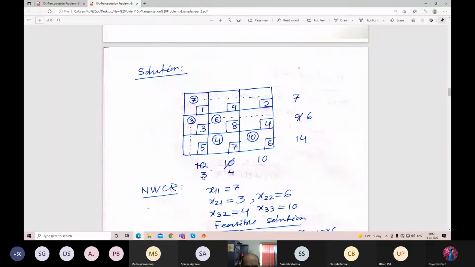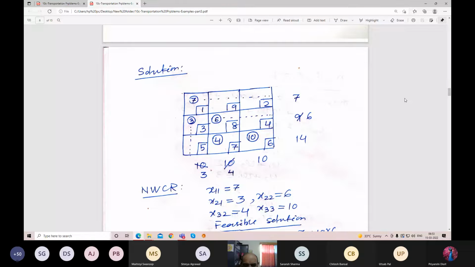The row 1 is fulfilled, so I can delete the first source.